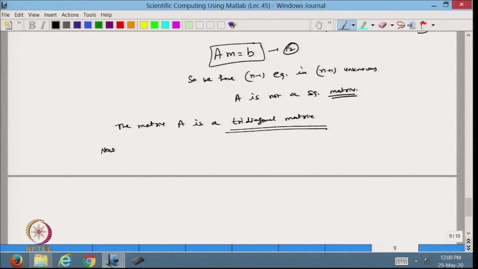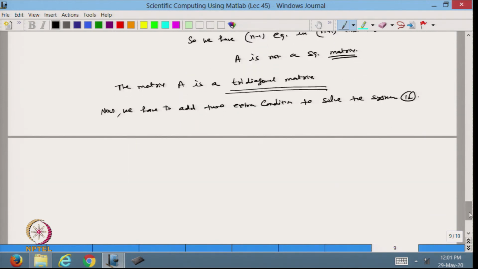Now, we have to add 2 extra conditions to solve the system. So, we have to add 2 extra conditions, and this is the way we can define. So, this is called some extra condition.